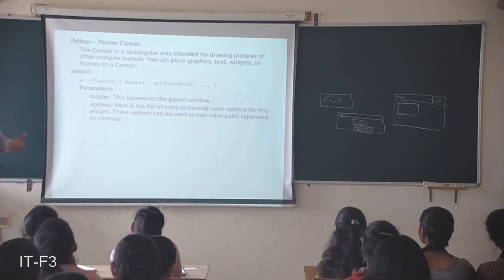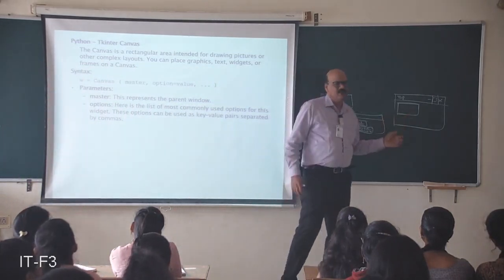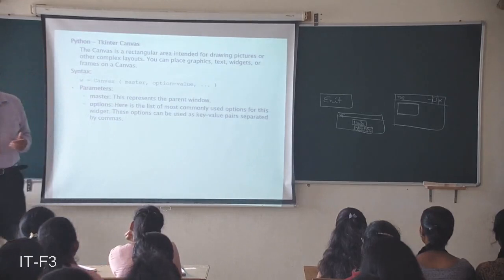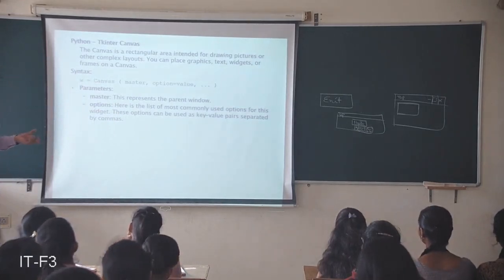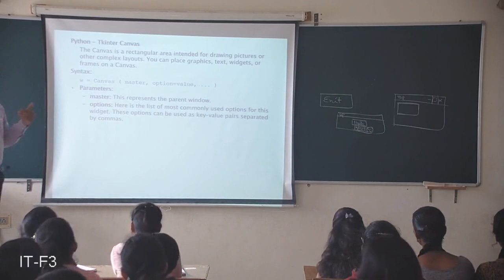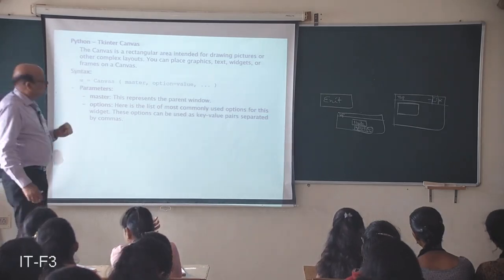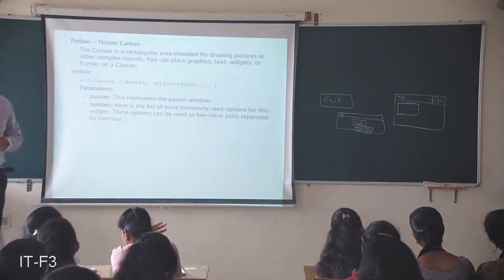You can also embed some videos on the canvas. So it acts like a backdrop. After creating the canvas, you can specify the dimensions, what should be its width and what should be its height. You can also specify the background color for the canvas. So all these properties you can set. Okay, so canvas is a rectangular area intended for drawing pictures or other complex layouts.